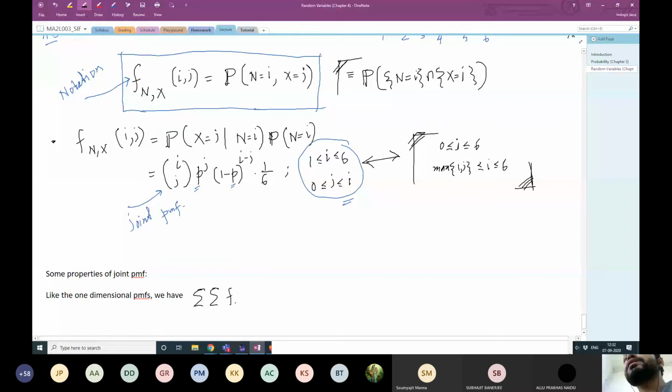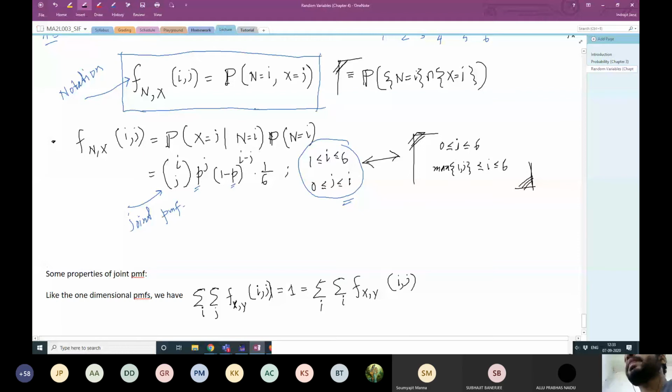We have two random variables X and Y, f_XY(i, j), and you take the sum over i and the sum over j, and it is going to be equal to 1. You can do the sum in the other direction also.